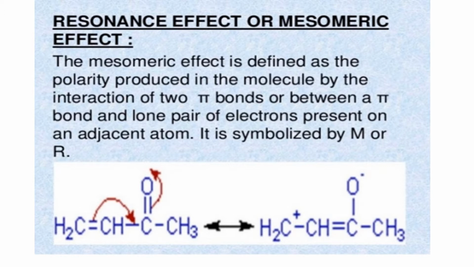That is, the mesomeric effect is defined as the polarity produced in the molecule by the interaction of two pi bonds or between a pi bond and a lone pair of electrons present on an adjacent atom.